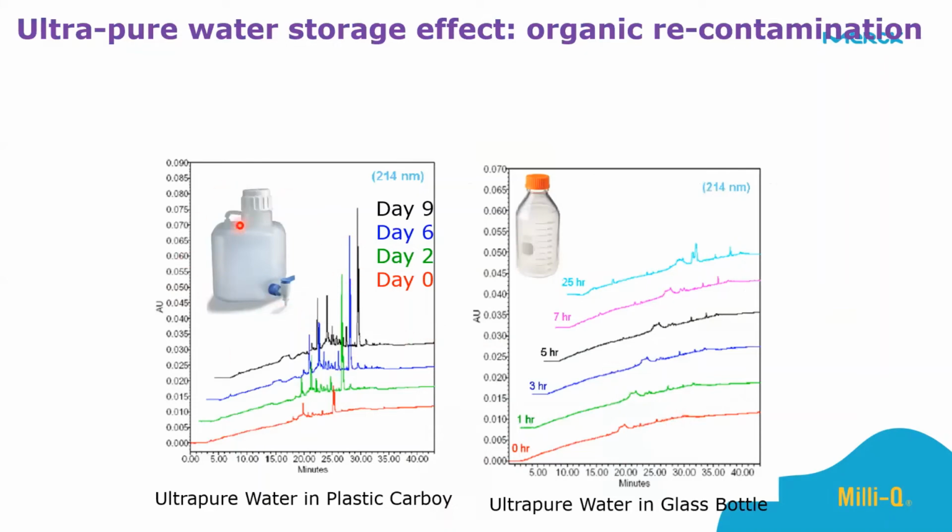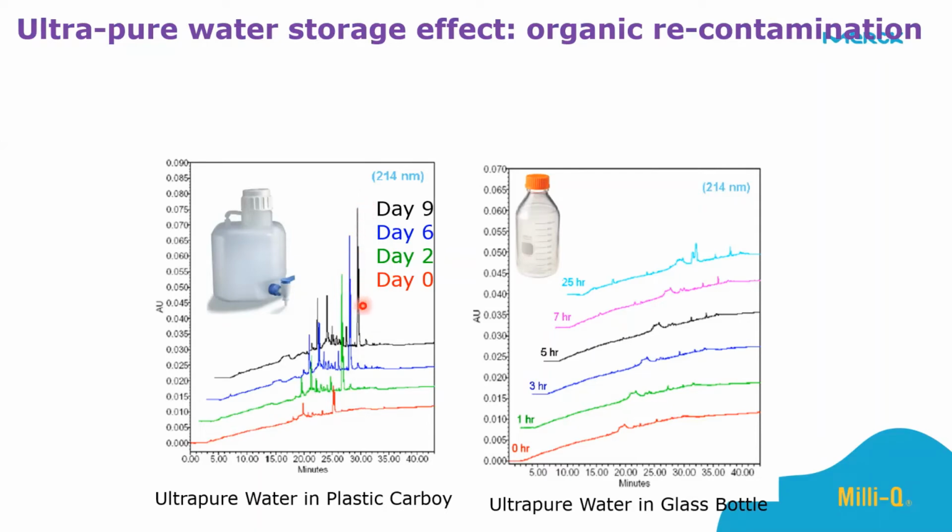So when it comes to plastic storage carboys, you can see that at day 0 you'll have some ghost peaks. And as you progress up to day 9, you can see the peaks here are so visible.